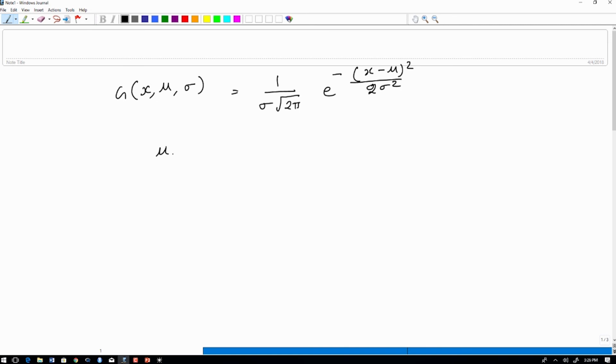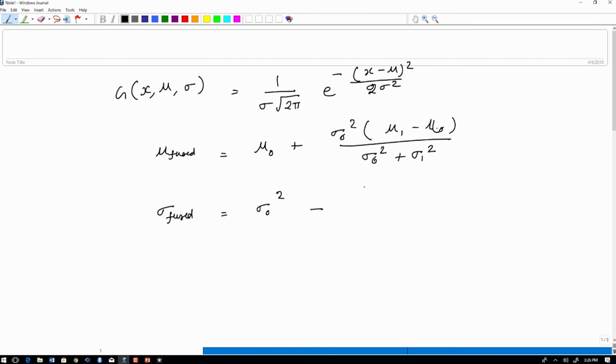If you look at mu fused, it is going to be mu naught plus sigma naught squared into mu 1 minus mu naught divided by sigma naught squared plus sigma 1 squared. Similarly, sigma fused is going to be sigma naught squared minus sigma naught squared divided by sigma naught squared plus sigma 1 squared. This is the equation for the fused distribution.